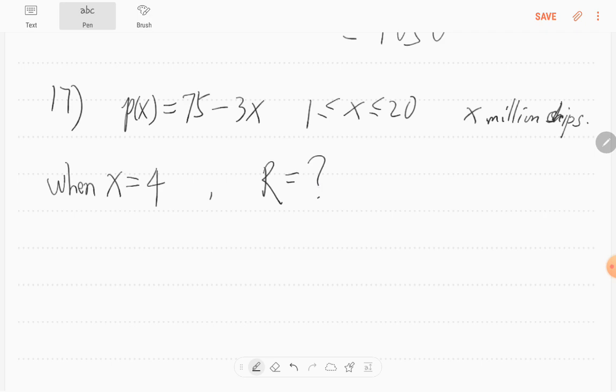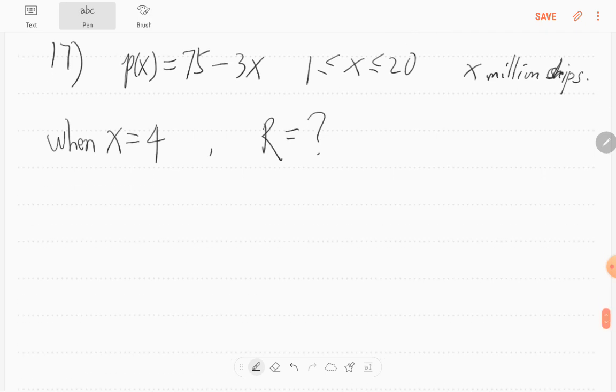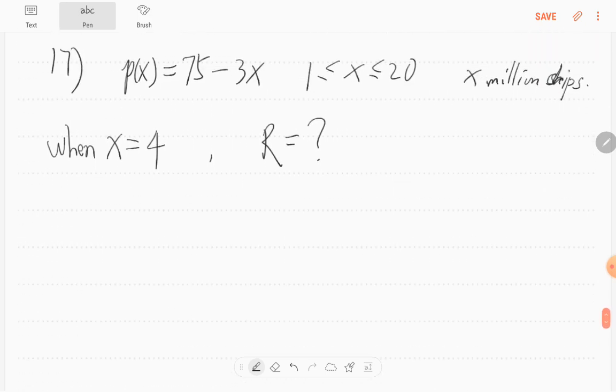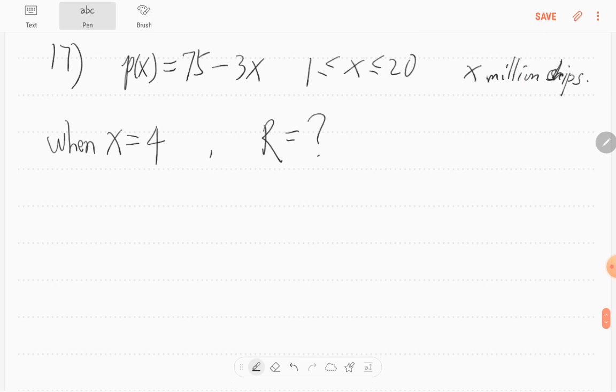We know the revenue should be the price times the total number of chips produced, right? So we need to find the price. For the price, we use the price demand function. So here, P of 4, the price when x equals 4 million.